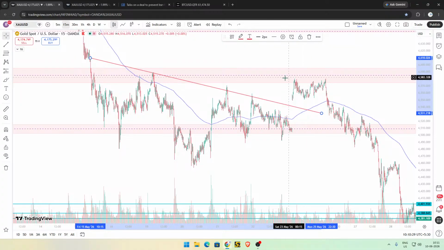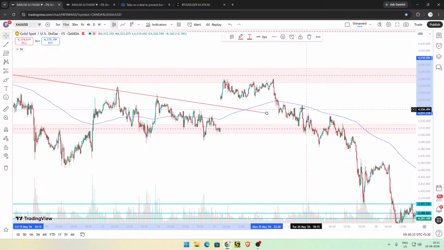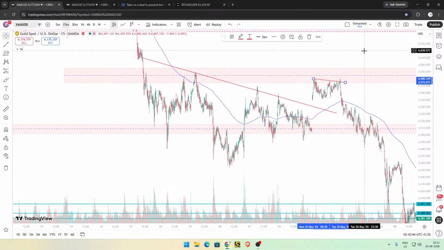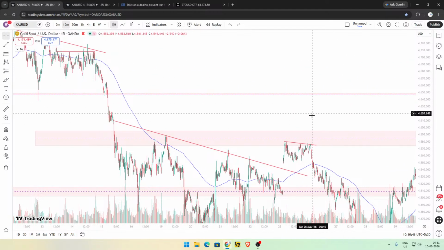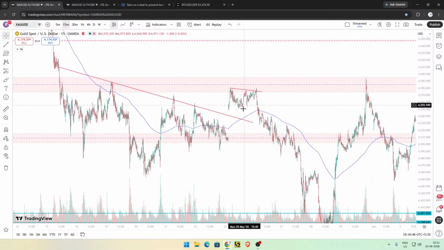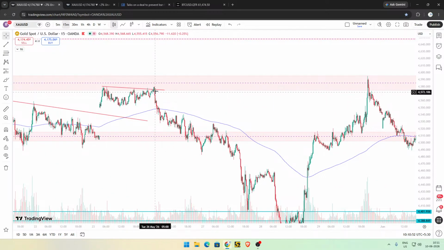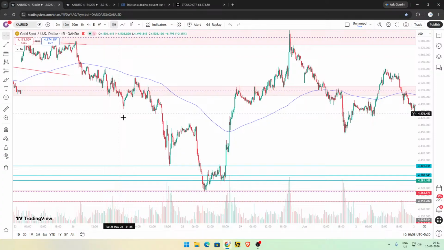So this was a breakout, then there was accumulation. Then I thought that if it is giving a breakout of this trend line, then it might go up till this retest area, but instead it showed that it will go up, but immediately it fell, and it fell a lot.